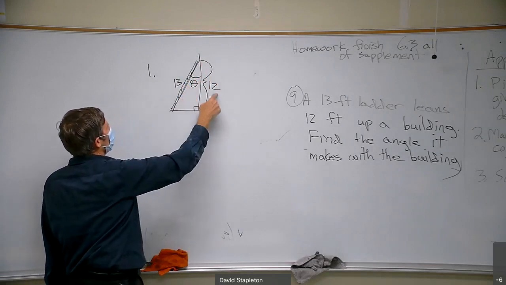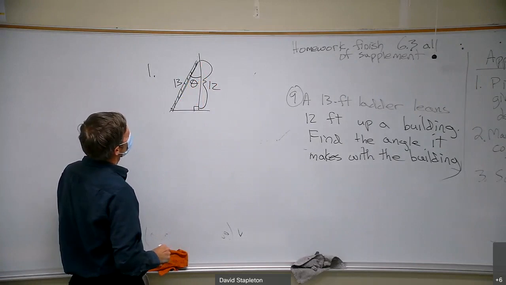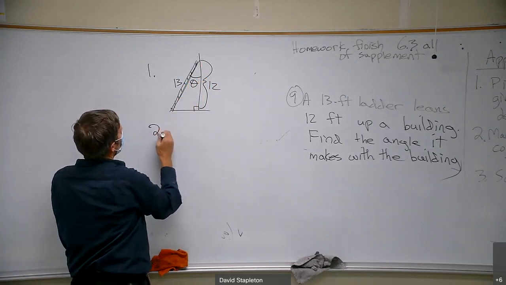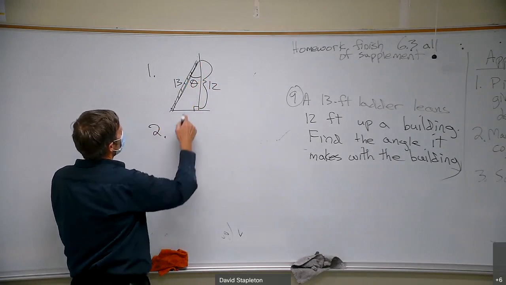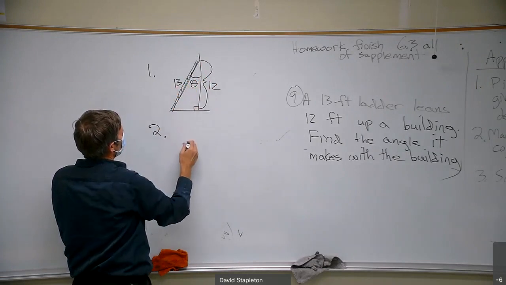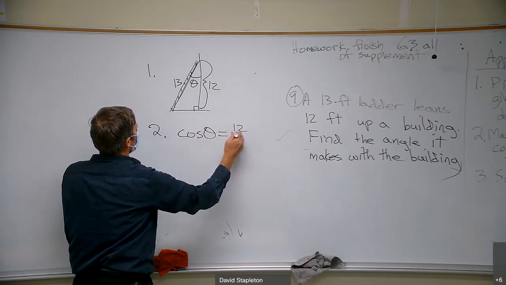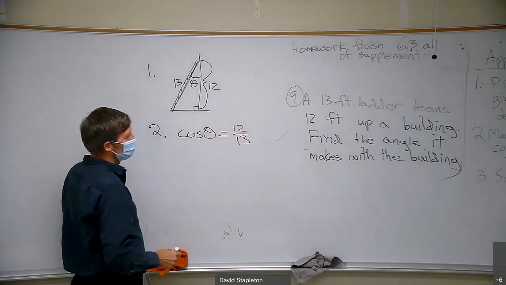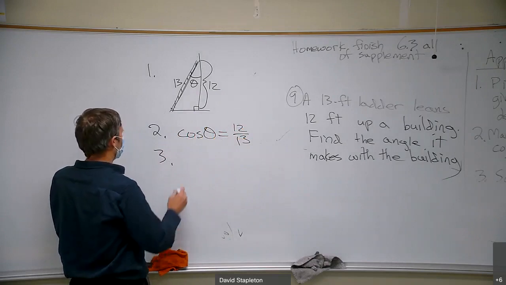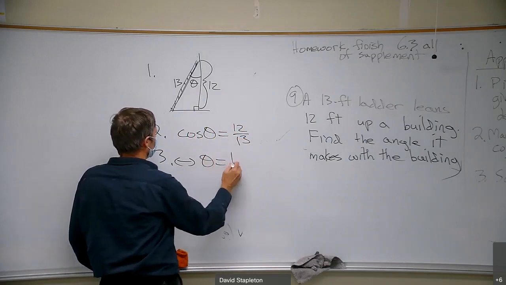Here are the two numbers I'm given, here's the angle I want to find, so how do I find that? You look at the picture and you say, I know an equation relating those two. Here are the obvious consequences. Let's see, here's the adjacent side and the hypotenuse, so that's cosine. The obvious consequence is cosine theta is 12 over 13. Now I solve with the inverse trig function. How do I solve that? In a triangle, a trig function equal to a number is equivalent to theta equals the inverse trig function.